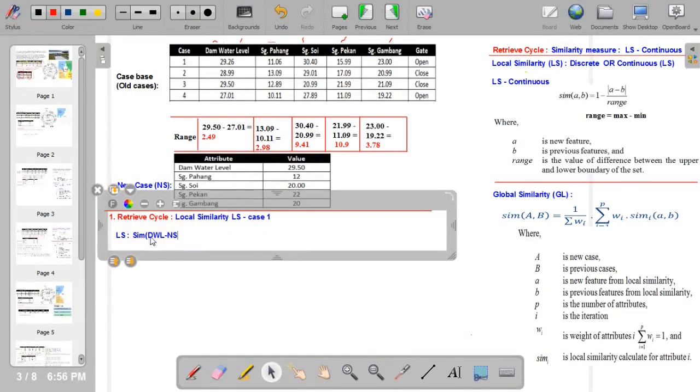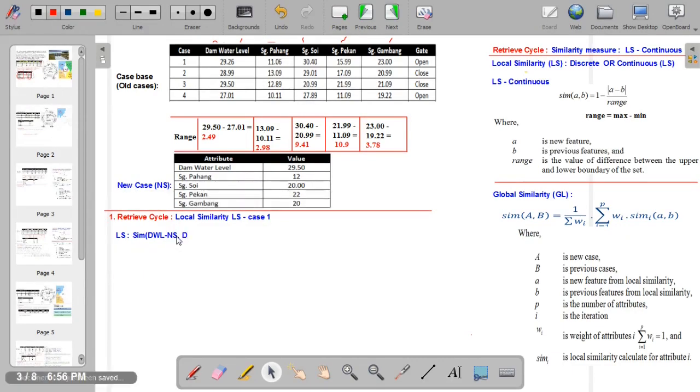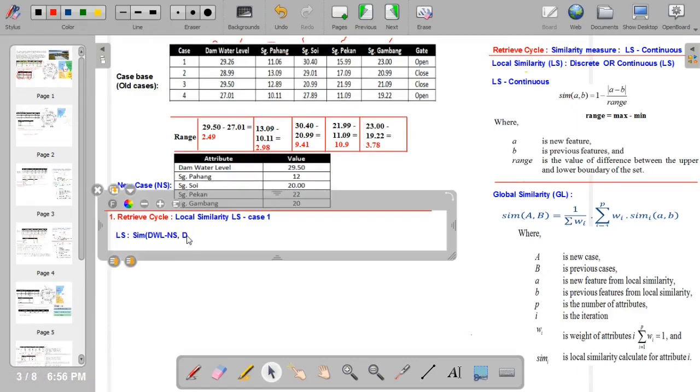So the similarity between the first attribute, dam water level, of the new case and the first attribute, dam water level, of the old case, which is case 1. Let me represent case 1 as C1, so it will be clear that C1 is representing case 1.